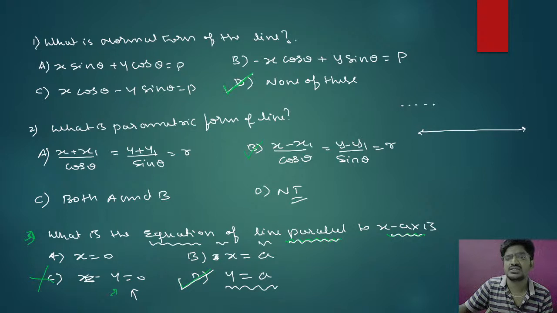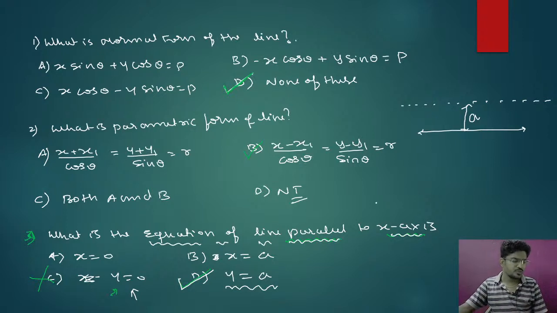They are asking for the line which is parallel to the x-axis, at distance a from the x-axis. Are you getting my point? So option D is the correct answer. Clear? Some of you have given option C, that is the wrong answer. Please rectify it yourself, I think you can understand it, no problem.